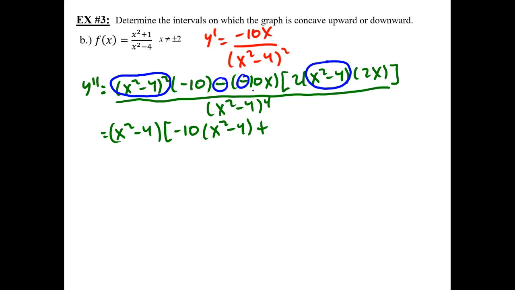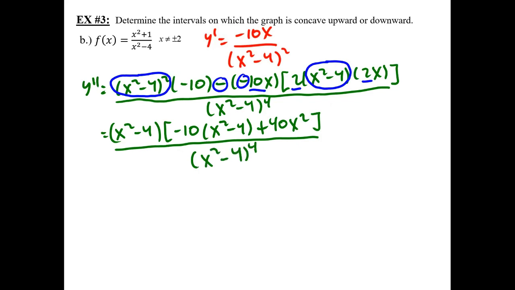So 10 times 2 is 20 times 2 is 40. 40x squared all over x squared minus 4 raised to 4.